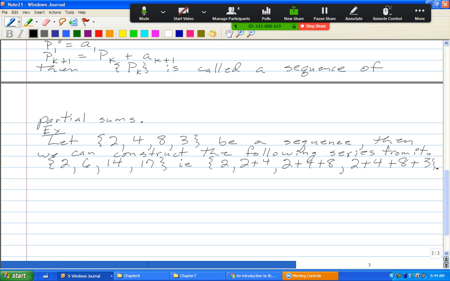Okay. We'll usually just identify this series of partial sums by the last term. And so I'll usually just write 2 plus 4 plus 8 plus 3, okay, to indicate the series constructed from a sequence.